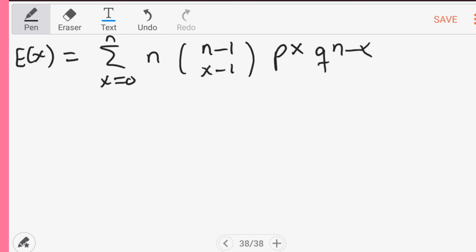Okay, so now our interest is to get rid of the n so that we can actually use the binomial expansion theorem. So now kindly take notes here.